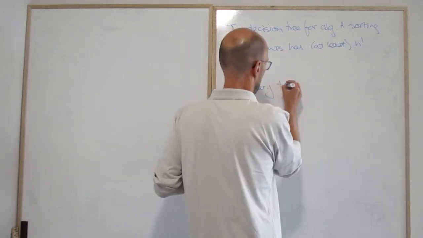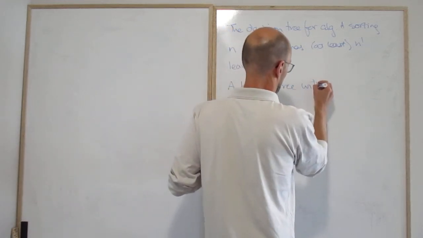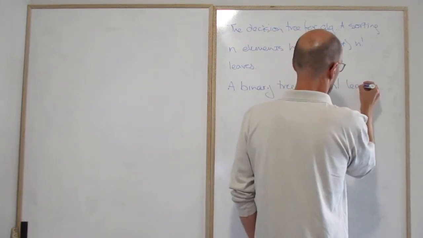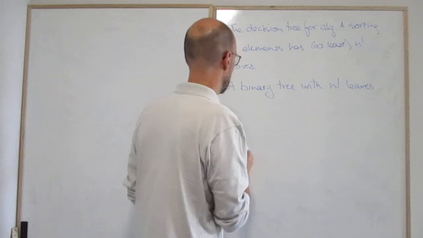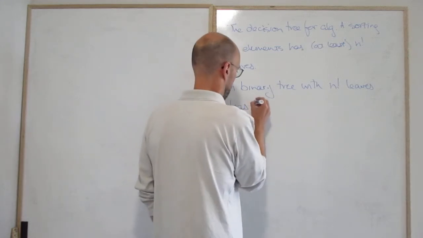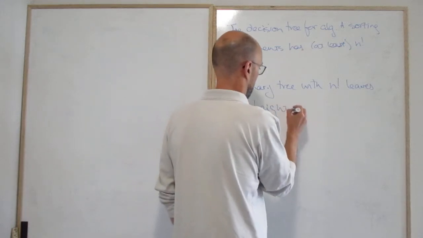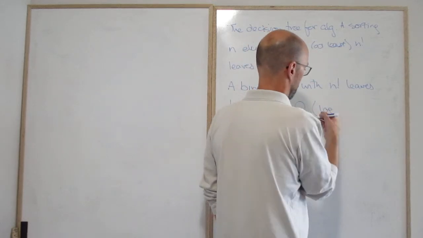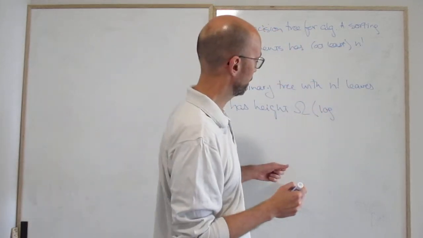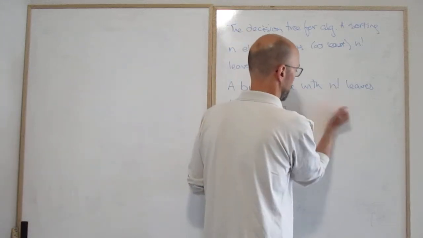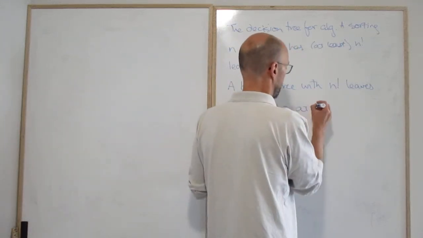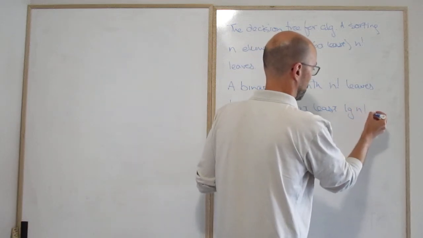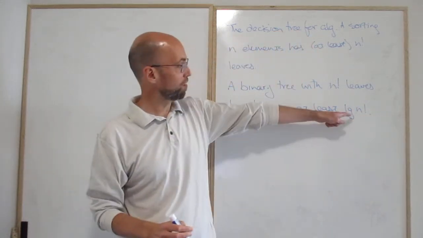A binary tree with at least n factorial leaves has height, I don't even need the omega yet, at least log n factorial. Ooh, what's this?